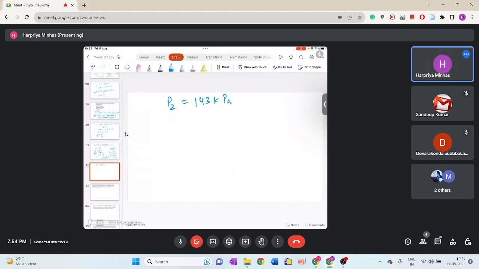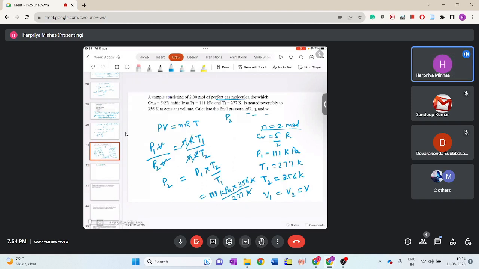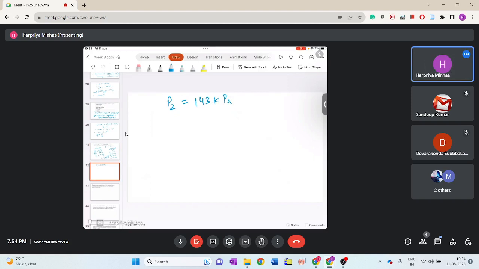So here it is stated that there is no change in the volume, right? The volume is constant. So our work is 0. So while we are considering your volume is constant, so our work is 0. So we are writing Q is equal to integral of CV dT, and after integrating, this will be CV delta T, right?